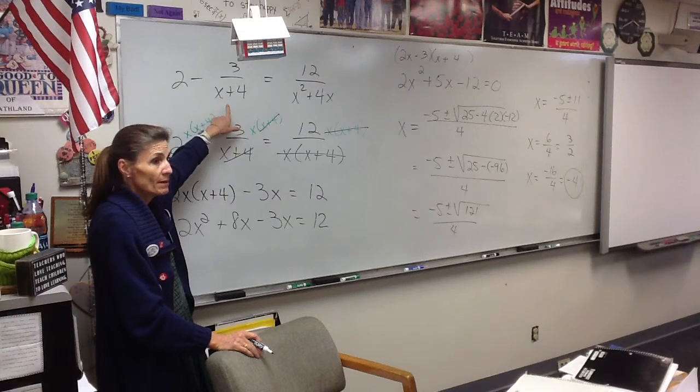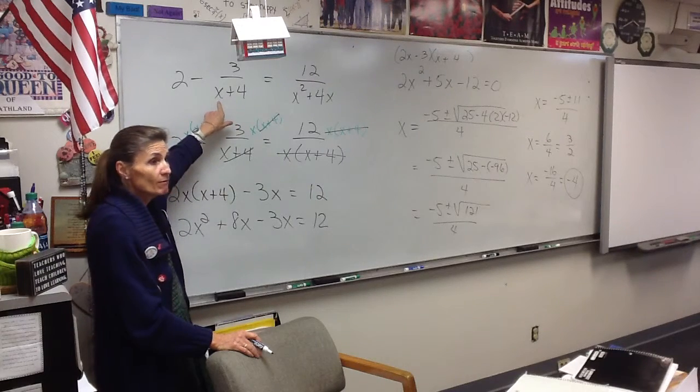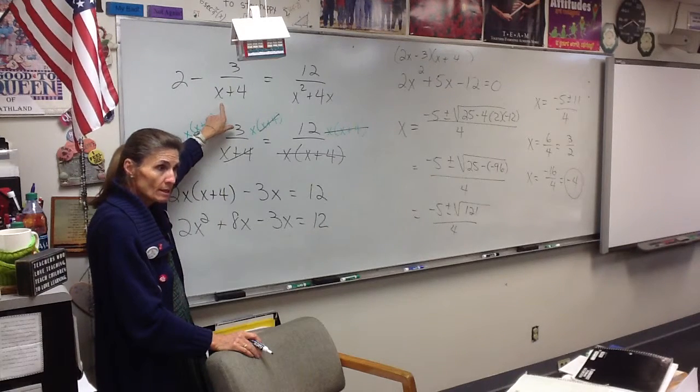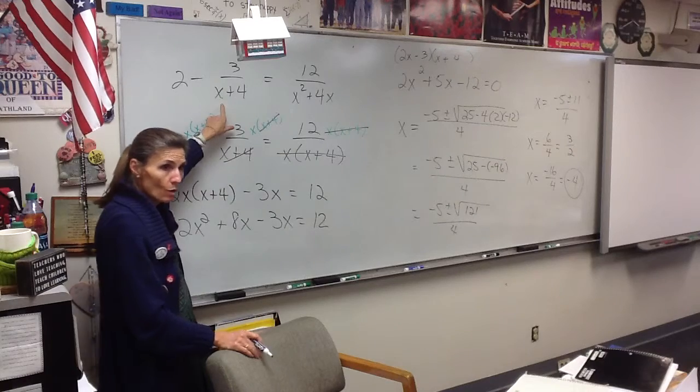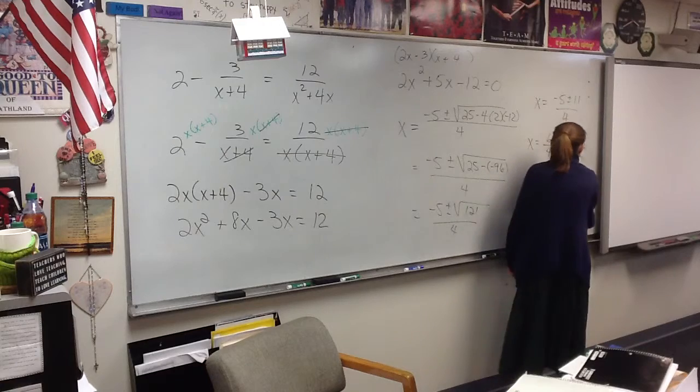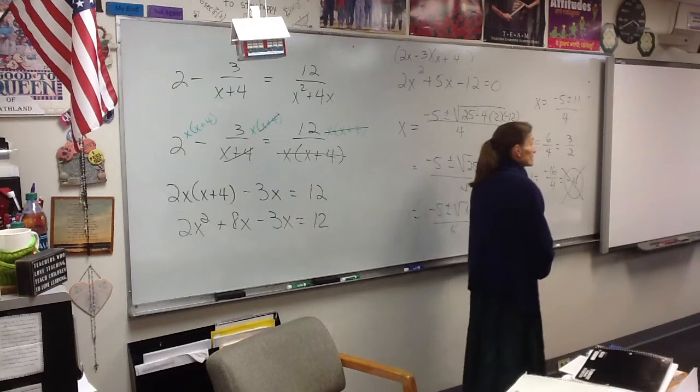What would happen if you put negative 4 in for x? You get 0 where? Is that allowed? No. So what can you tell me about this answer? It is not possible.